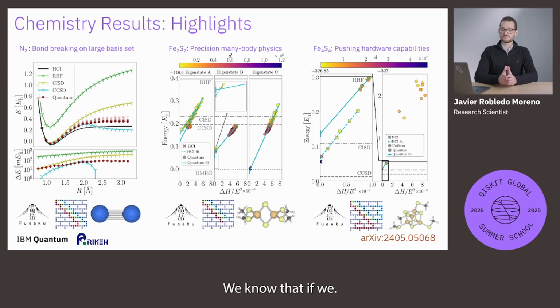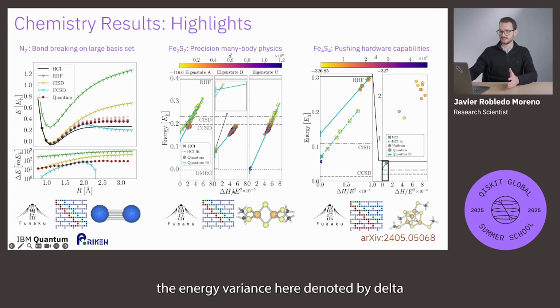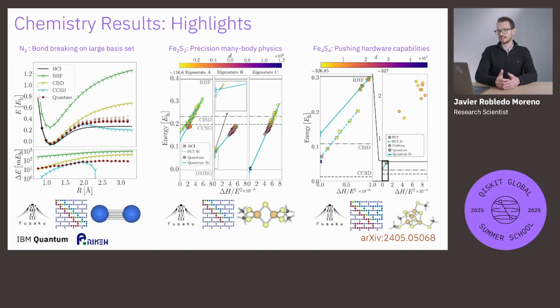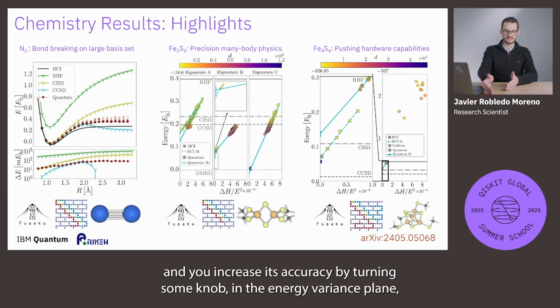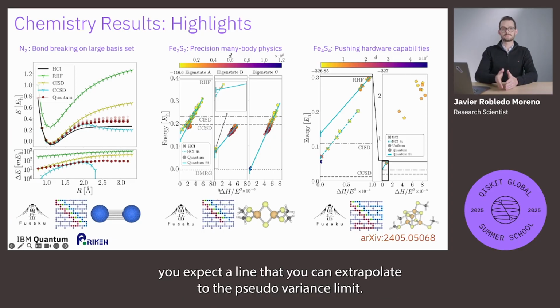We know that with increasing accuracy, the energy variance, here denoted by delta H, is supposed to be approaching 0. One can formally show that if you're close enough to an eigenstate and you have an approximate method and you increase its accuracy by turning some knob, in the energy variance plane you expect a line that you can extrapolate to the 0 variance limit.